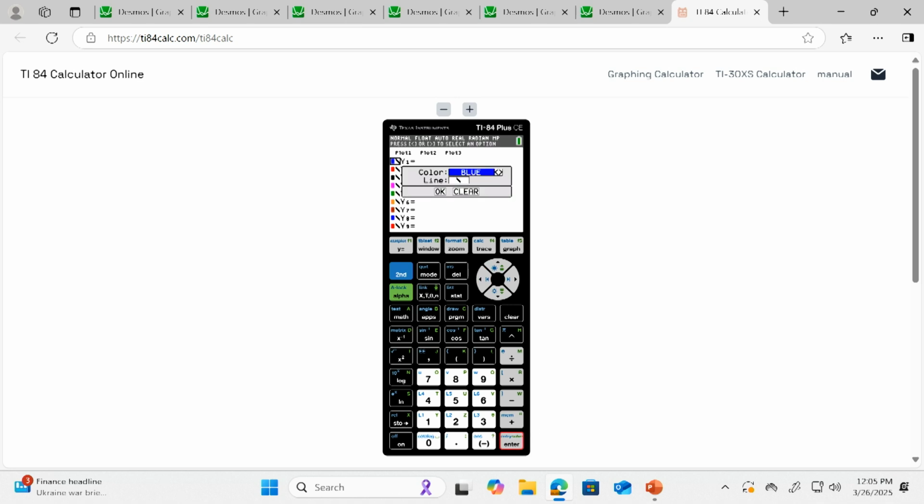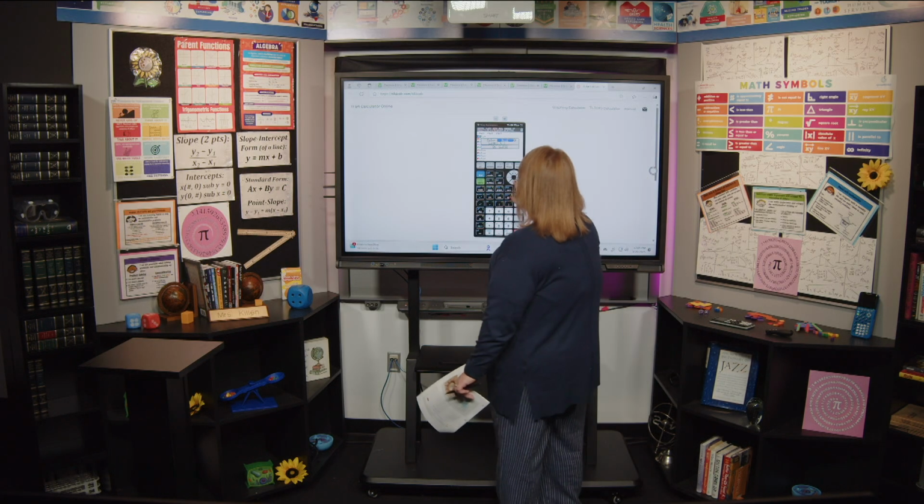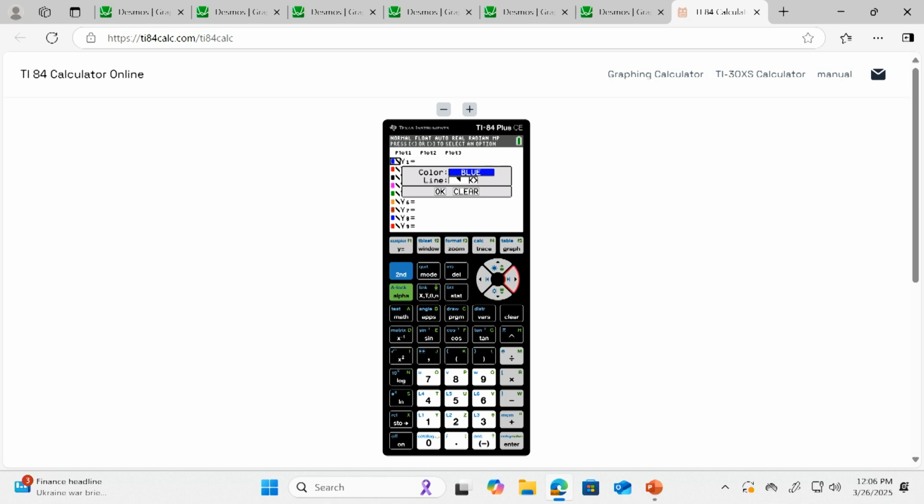Now, when I use my greater than symbols, greater than or equal to, I scroll down, and I'm going to scroll to where it shows the shading going up. That is all of my greater than. Now, if I used my less than symbols, less than or equal to, we said that we shaded down. So I would scroll until I saw my shading is going down. This is how we plug it into our calculator.